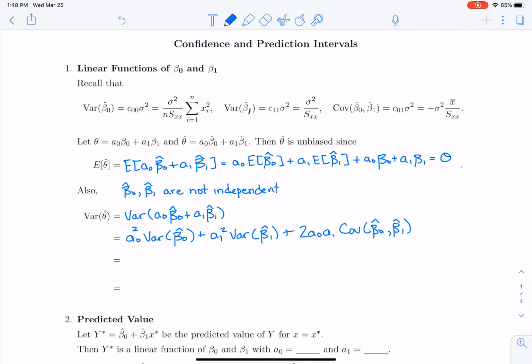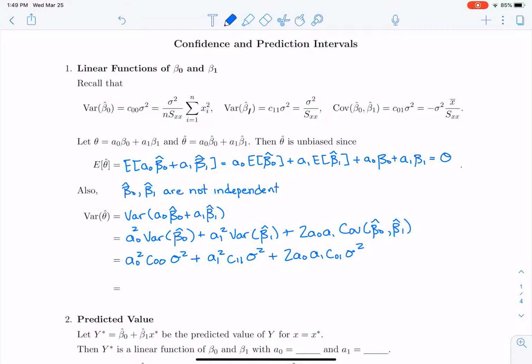Okay, now you can see how we're going to use those facts above. This becomes a0² c_00 σ² plus a1² c_11 σ² plus 2 a0 a1 c_01 σ².